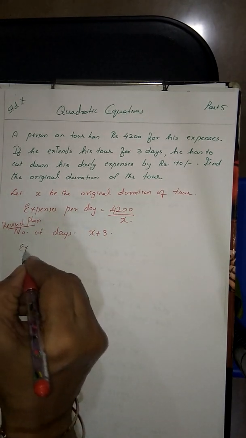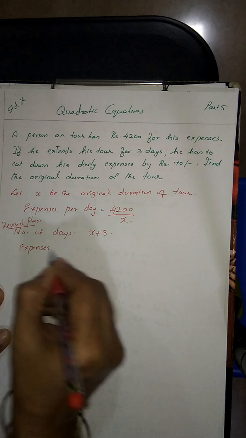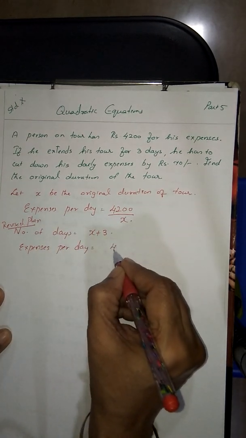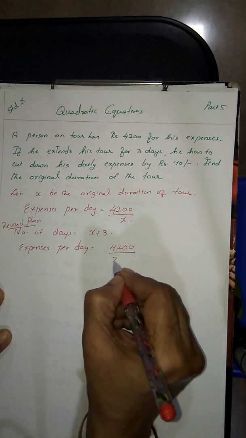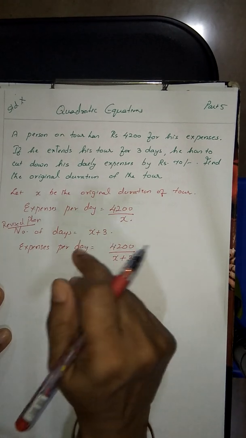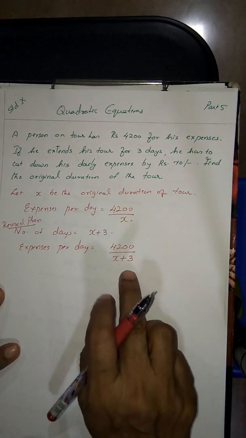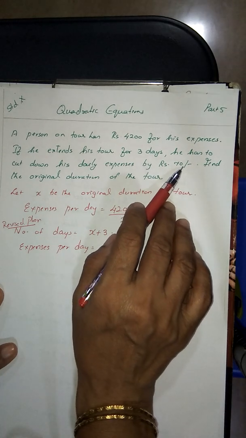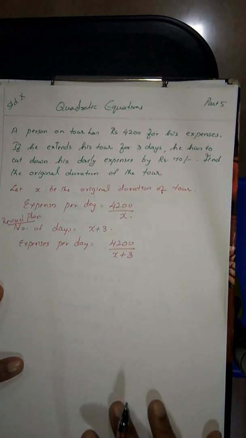So now the expenses per day will be, again the amount is same, so 4,200 by x plus 3. So here expenses per day will reduce, so that is rupees 70. So now we have to write the equation.